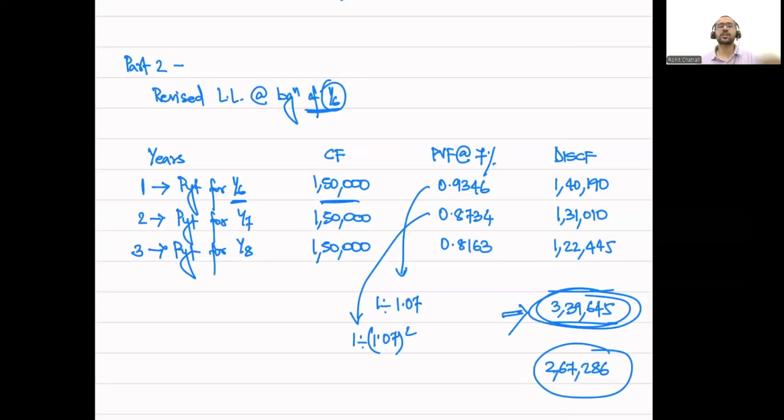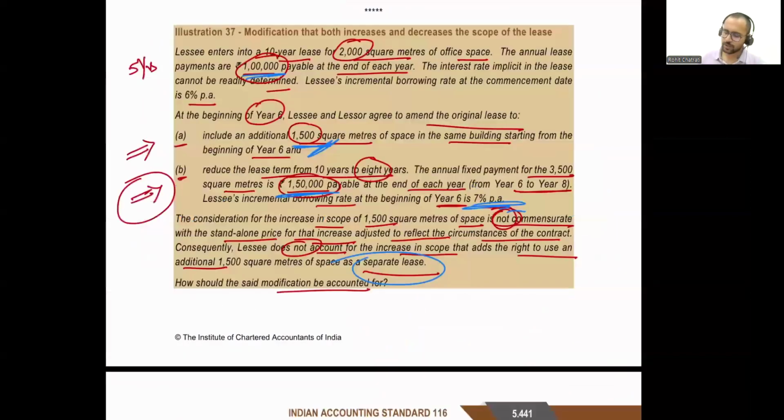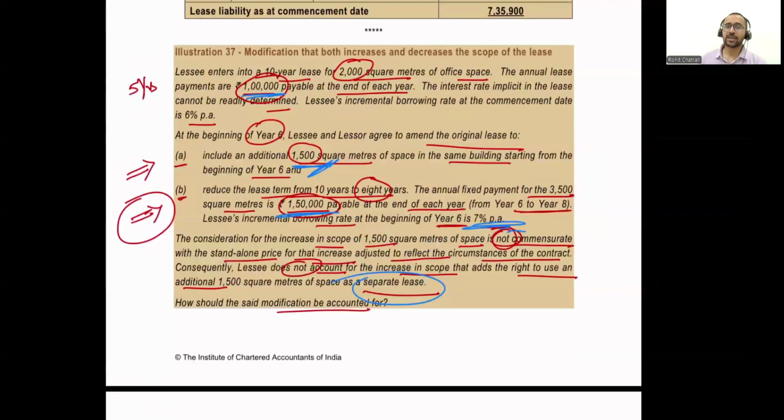That means this lease liability is after considering the increase in the scope of lease, and the corresponding adjustment is given to ROU asset. That way we account for modification here. With that, we are done with illustration number 37 and all the illustrations under modification of leases.